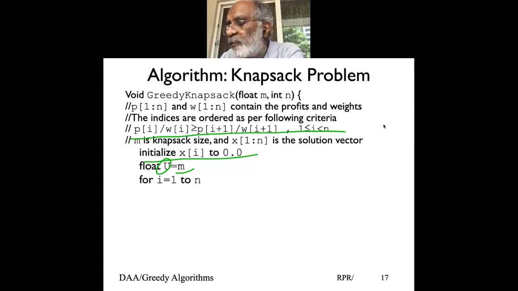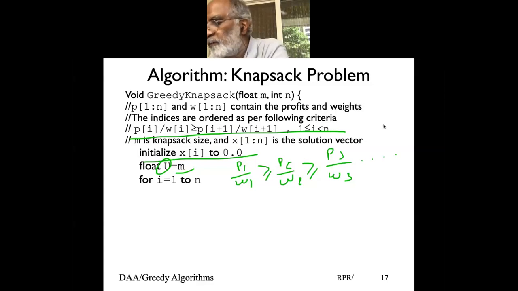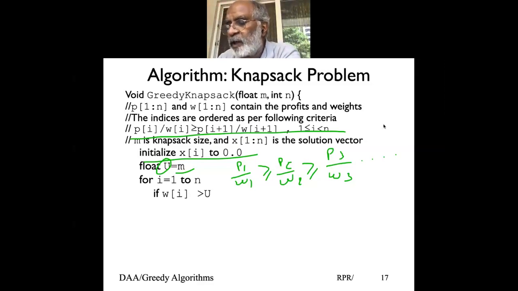So we are assuming that we sorted them such that P1 by W1 is greater than or equal to P2 by W2, greater than or equal to P3 by W3, and so forth. That being the case, if my ith weight is more than u, that means I cannot pick this weight in full. But this is the item that gives me maximum profit, so I break.